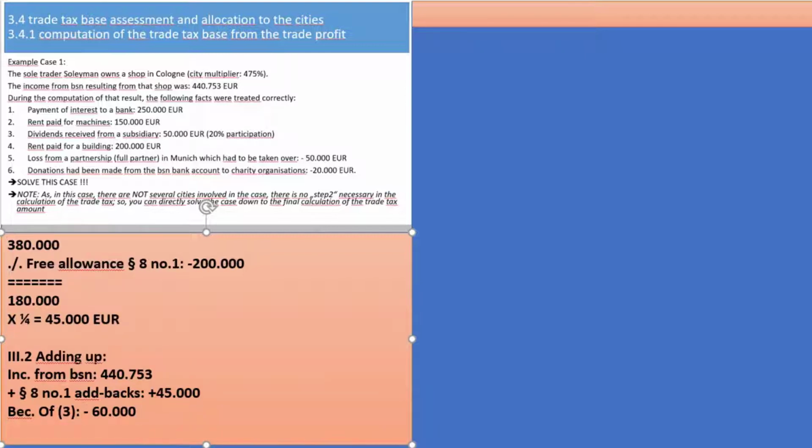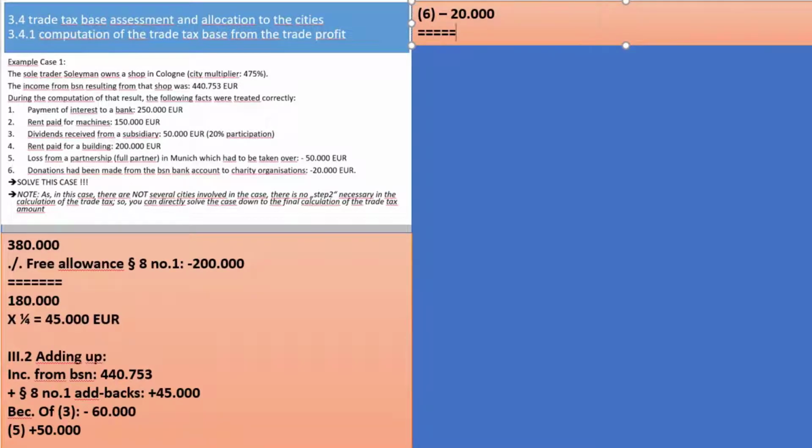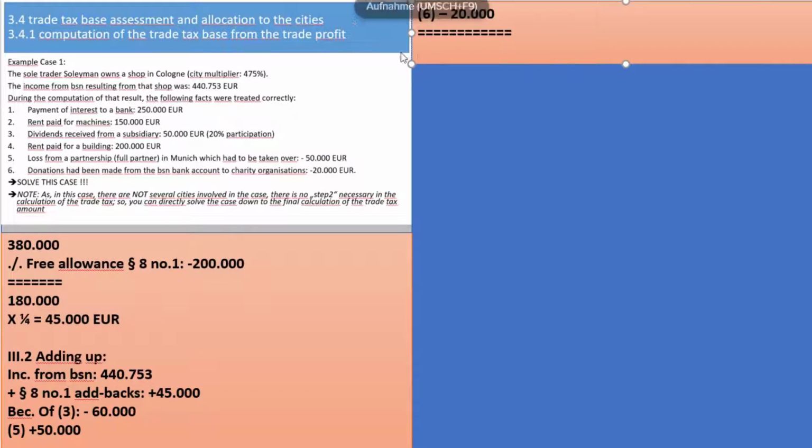We have because of number 5 plus 50,000. And we have because of number 6 deductible donations of 20,000. So we end up with some total, and there taking refuge to a calculator is again a good idea. So let's do this.